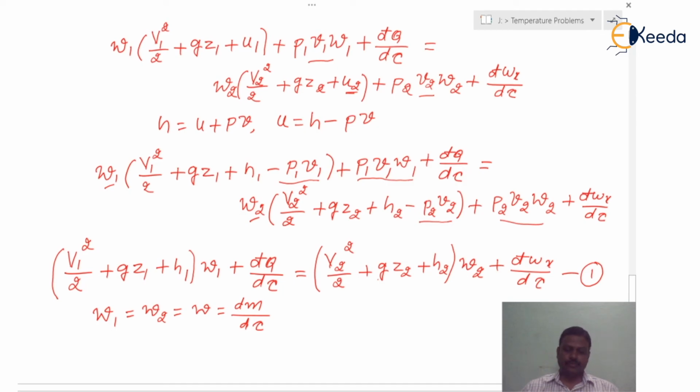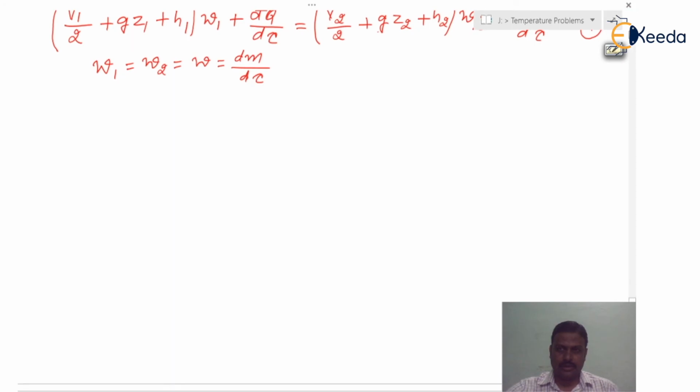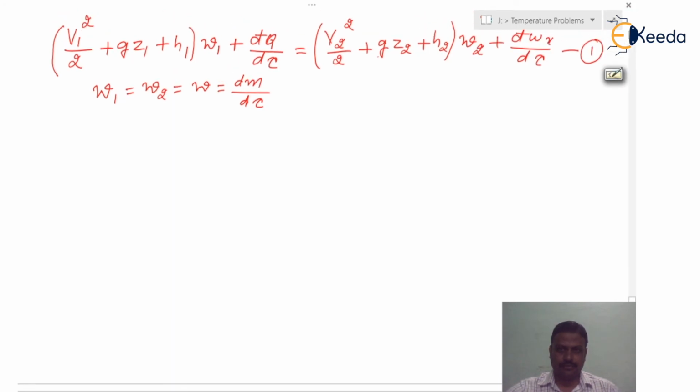Let us divide equation 1 by dm divided by d tau, or simply W. Then equation 1 becomes V1 square by 2 plus Gz1 plus H1.